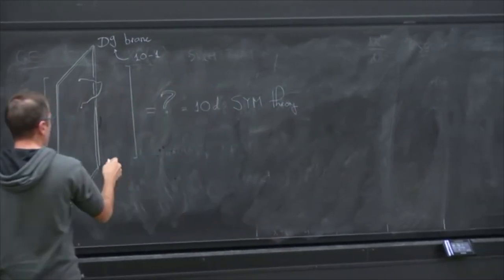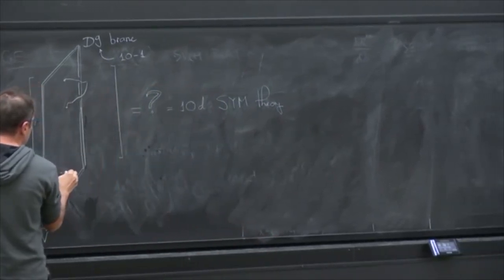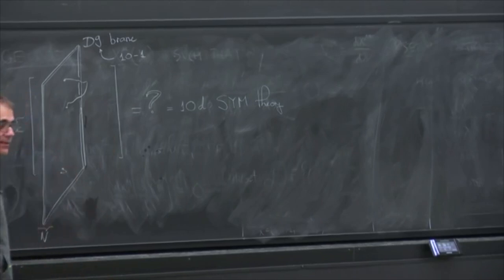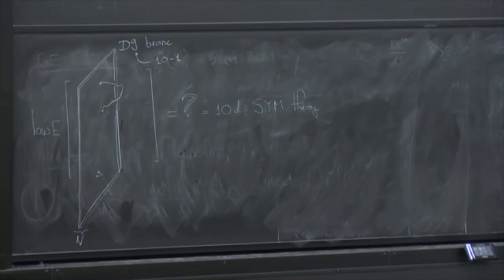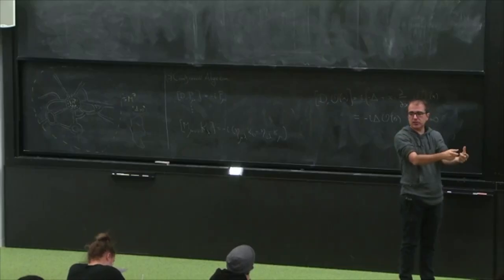And what happens is that at low energy, the string is effectively very small because the tension of the string is much bigger than the energy of the string. If the energy is big, the string becomes big, and I would see it. But if I'm at low energy, the string is very small.